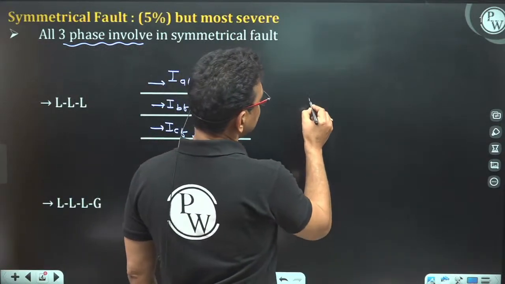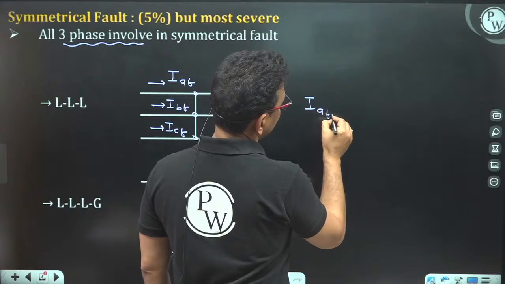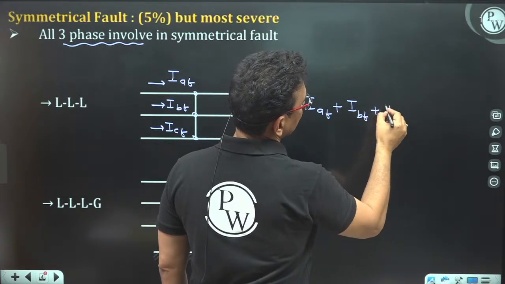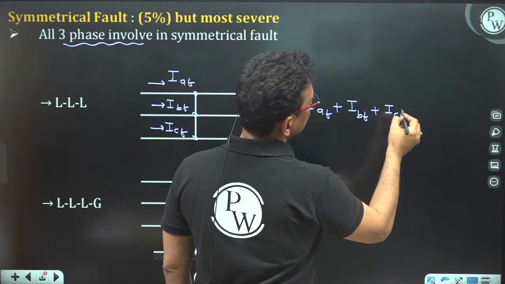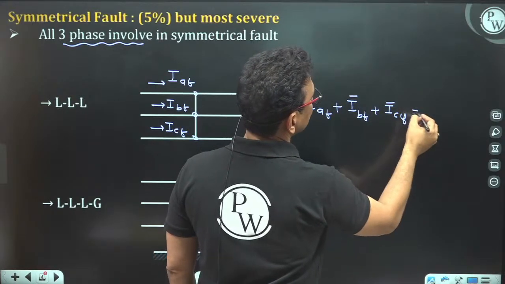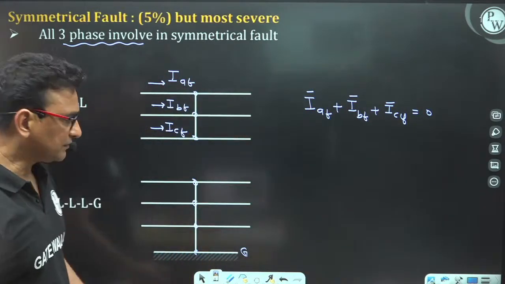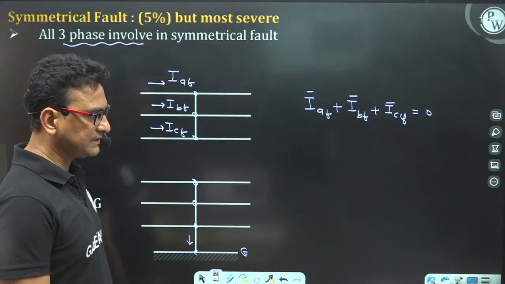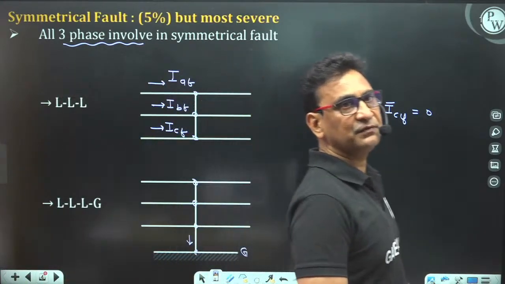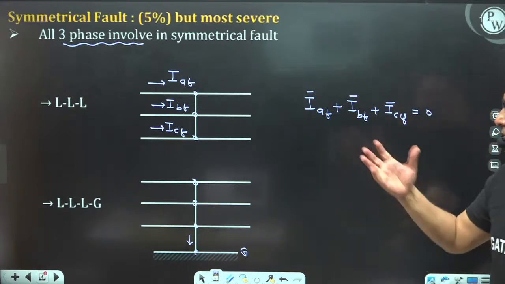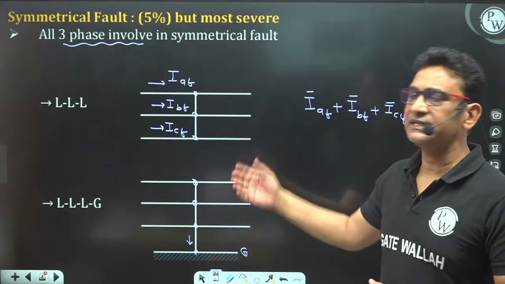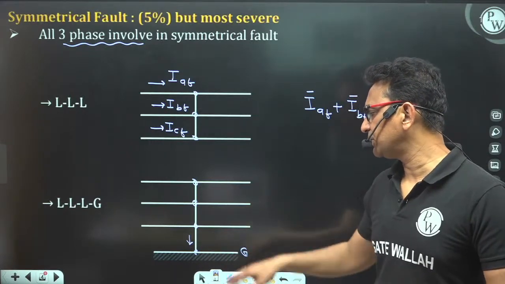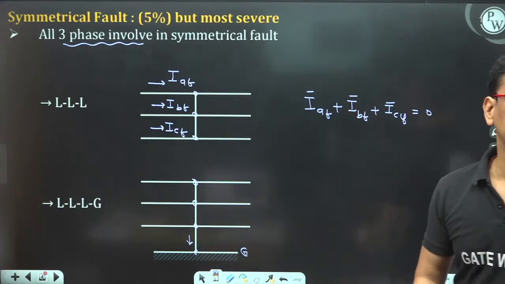That means the phasor sum of all currents IAF, IBF and ICF is equal to 0. If the phasor sum of all three currents is equal to 0, that means no current is flowing through the ground. So you can say whether it is a triple line fault or triple line to ground fault, both are basically the same type of fault, because even if the ground is connected here, no current is flowing through the ground.